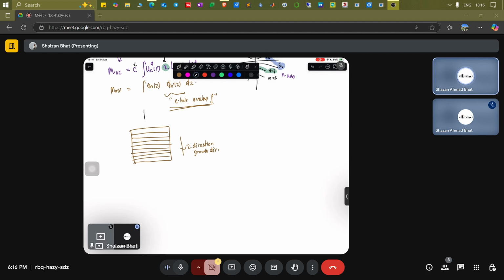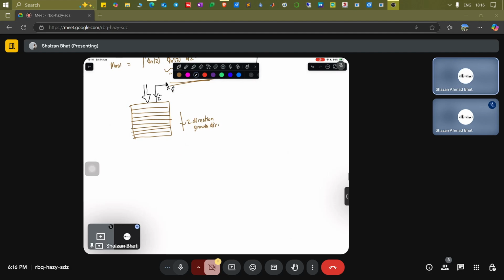We are considering the electromagnetic wave coming in here; its Poynting vector is in the z direction, but its oscillation is in the x direction. The electric field direction is along x, or it could be along y.